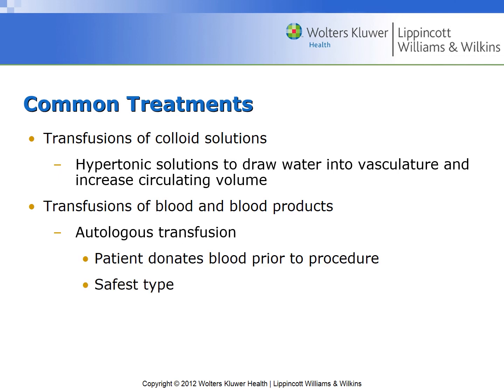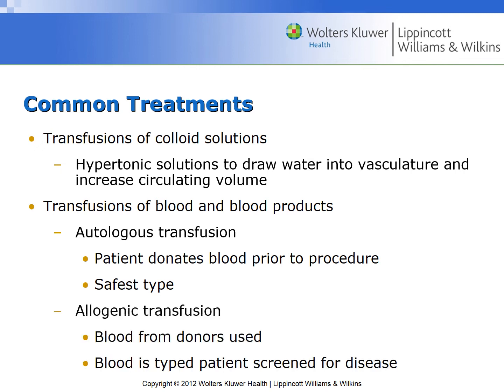So autologous transfusions. This is the patient who donates their own blood prior to a procedure, banks their own blood in case they need it. This is the safest type. There is no risk that you are going to be allergic to your own blood.